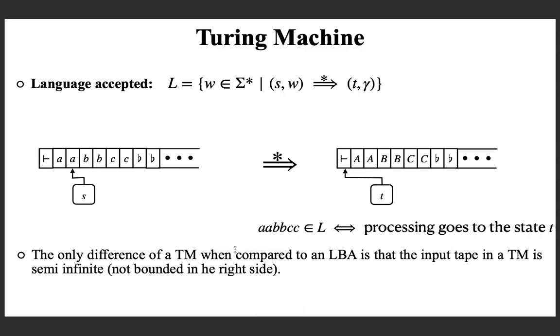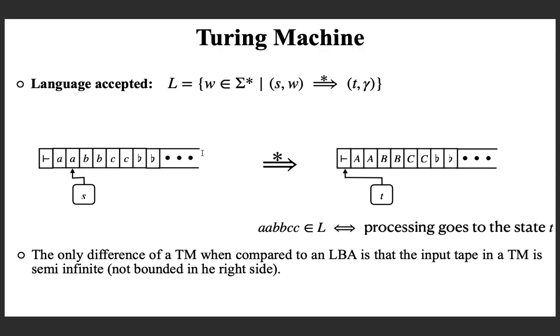The only difference of a Turing machine when compared to a linear bounded automaton is that the input tape in a Turing machine is semi-infinite. That means it is not bounded on the right side.